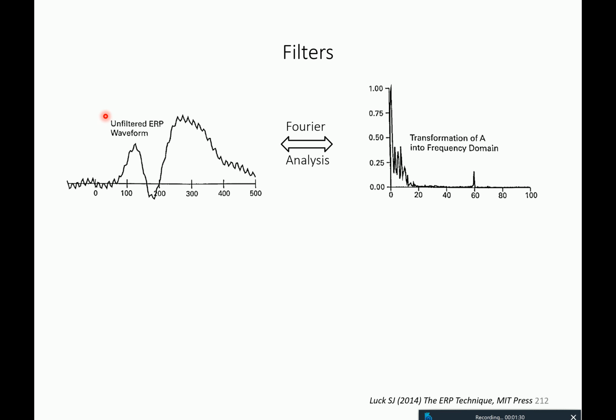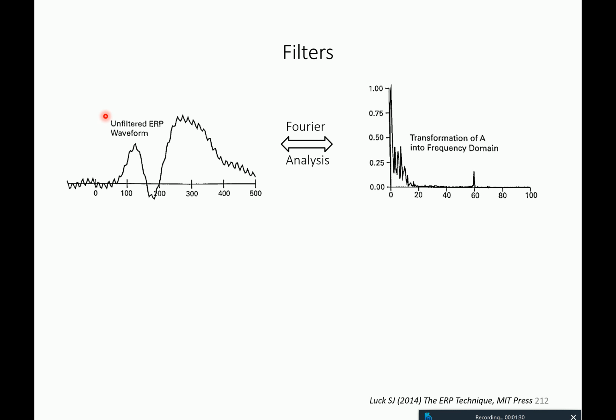You can see this in the frequency domain, where you have high weights for low frequency sine and cosine at the low end, but you also have this 60 Hertz peak, which is this added activity here.